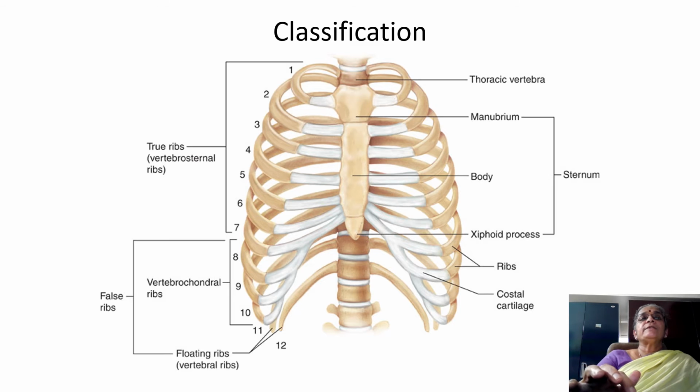And now you know what true ribs are, which are vertebrosternal, 1 to 7. Then the false ribs are again divided into vertebrochondral ribs and floating or vertebral ribs. So 8th to 10th are vertebrochondral ribs. The 11th and 12th are the floating ribs or the vertebral ribs.